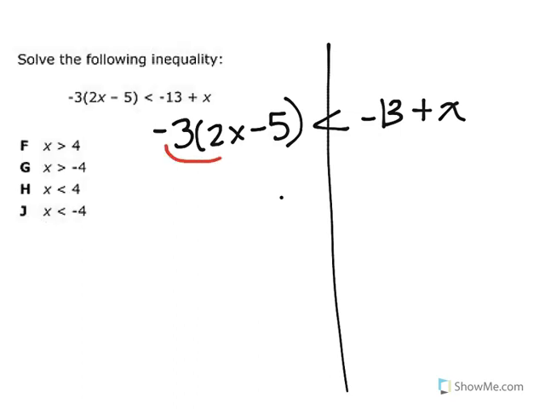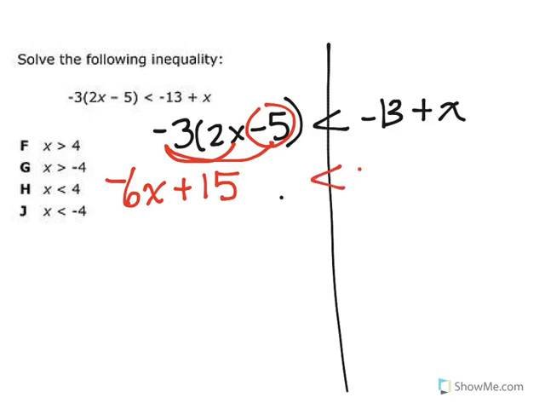So negative 3 times 2x is negative 6x. Negative 3 times negative 5 is positive 15, less than negative 13 plus x.